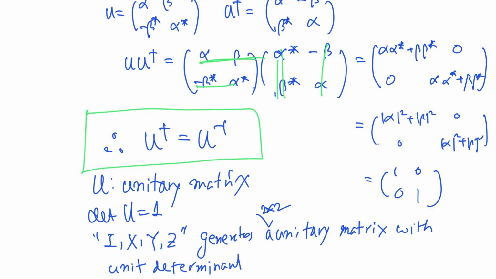Unit means 1. So this is a special set of matrices called SU2. Special unitary matrix with determinant 1. SU2. So 2 by 2 unitary matrix SU2. SU2 is very important in quantum mechanics as well as in quantum computation.